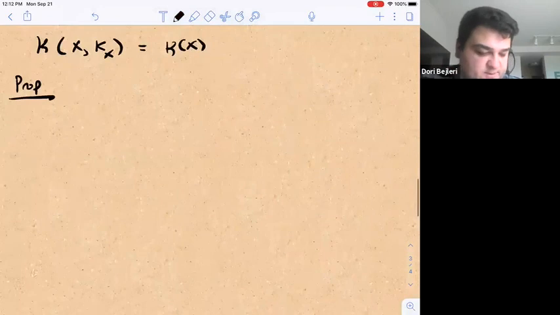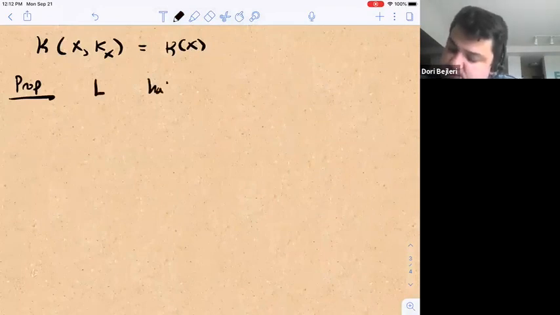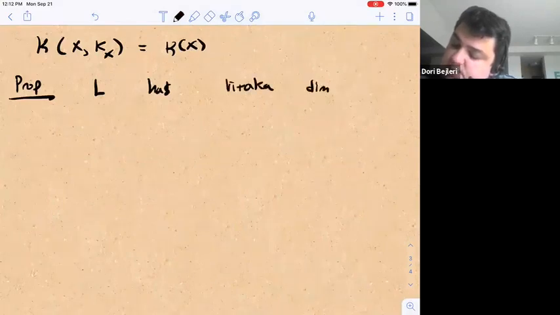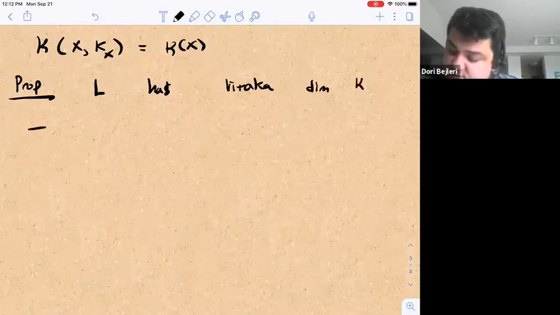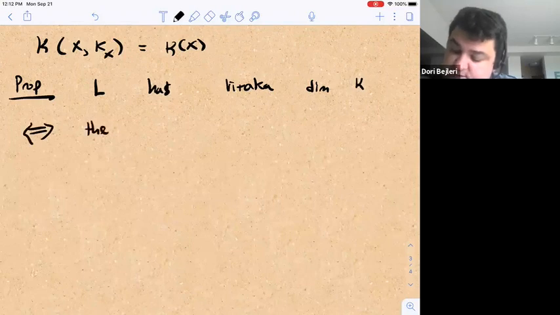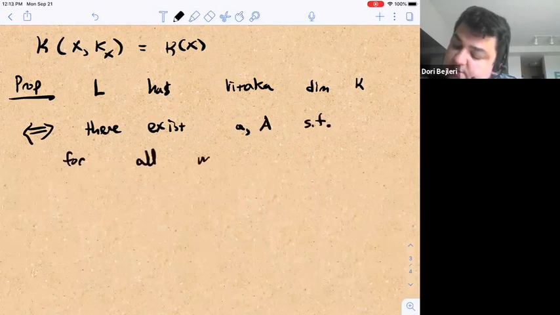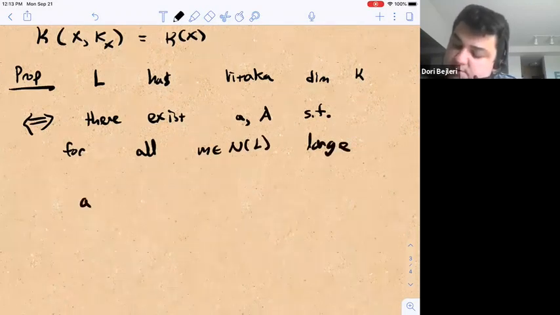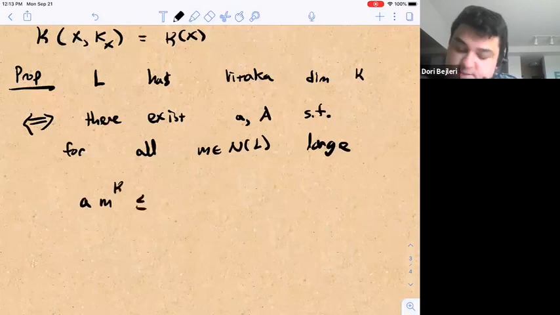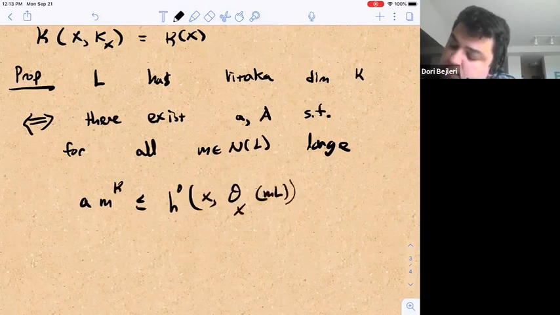Okay, so the first proposition: L has Iitaka dimension kappa if and only if there exist constants, little a and big A, such that for all m in the semigroup large enough, we have the following bounds: a m^kappa is less than or equal to the dimension of the global sections of this bundle, and is less than or equal to A m^kappa.